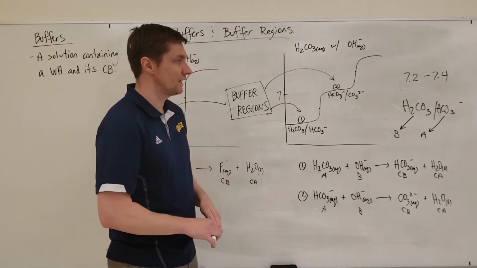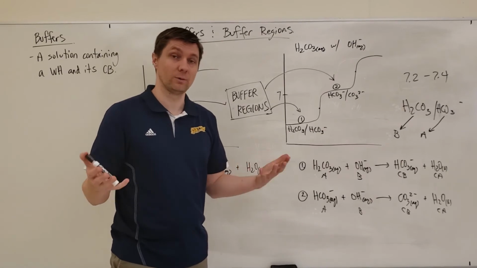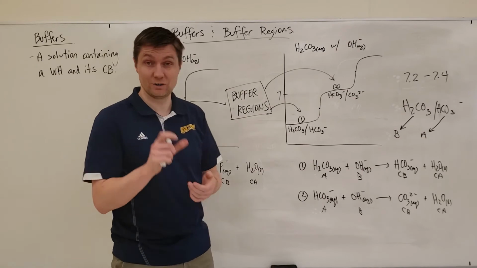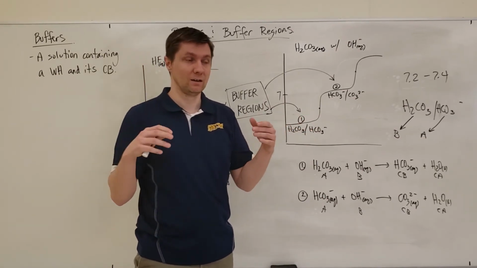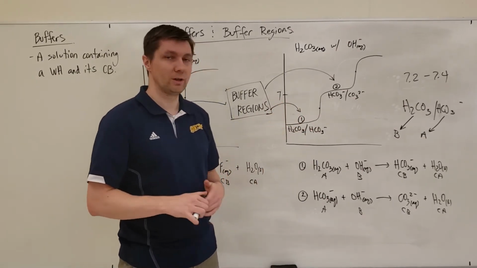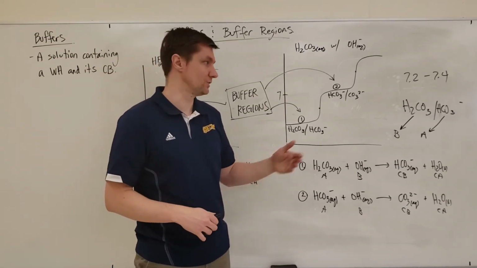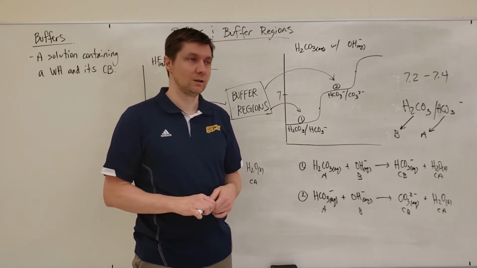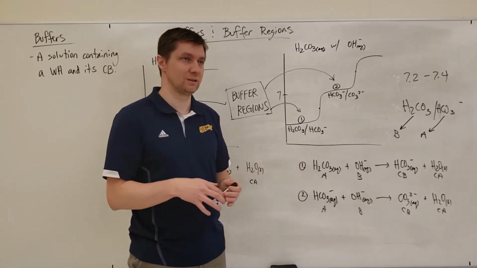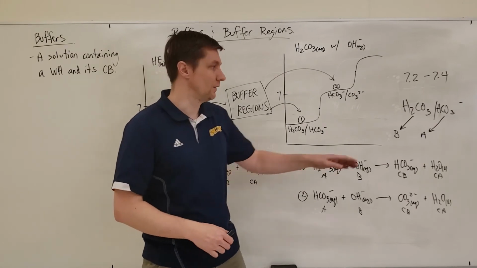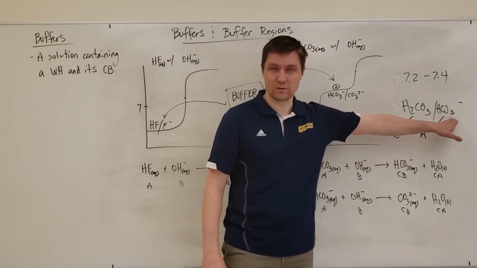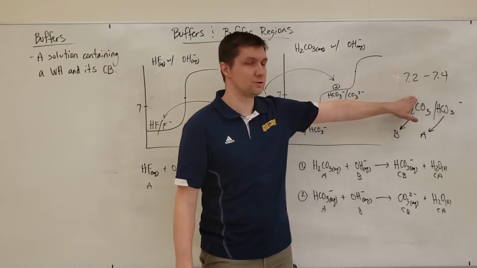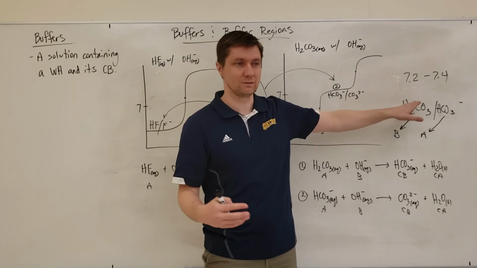And this is actually applicable to humans and our blood. Our blood has to sit within a range of 7.2 to 7.4, and it's a very small range. Anything below or above that is fatal to humans. And so our blood is made up of a variety of different types of buffers, and this is one of them, carbonic acid with hydrogen carbonate ions. All it really does is this: if you ingest something that's acidic, then that acid is going to react with the hydrogen carbonate ions, and those are going to turn into carbonic acid, which is a weak acid.